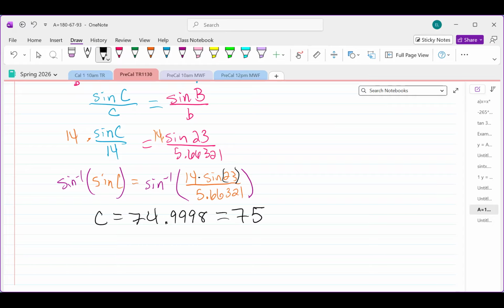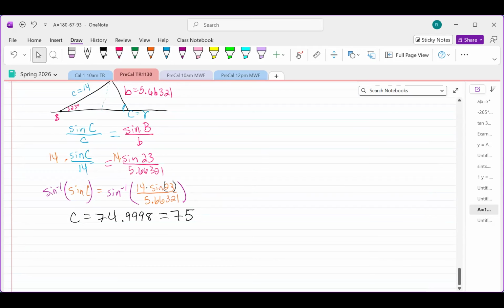But we got a real number, so that means we've got a real triangle. B is smaller than C, so we've got a two triangle setup. So I like to finish the outer triangle first. So I've got angle C. Now I'm going to get angle A. Since I know B and C, angle A is 180 minus B and minus C. B was 23, C is 75.